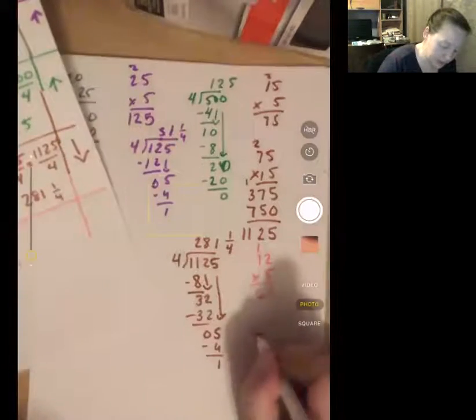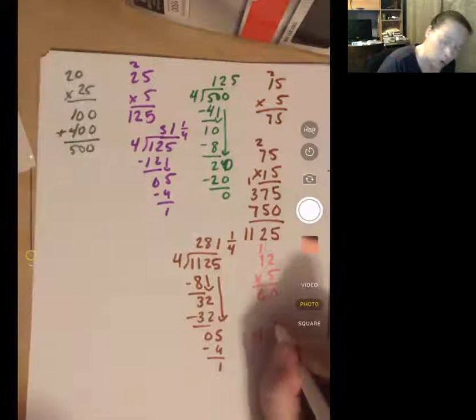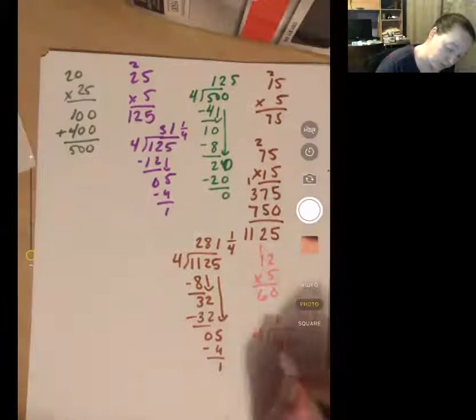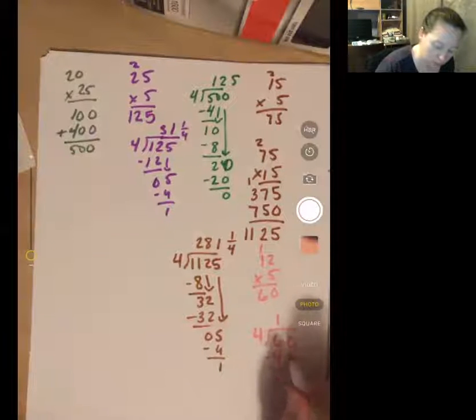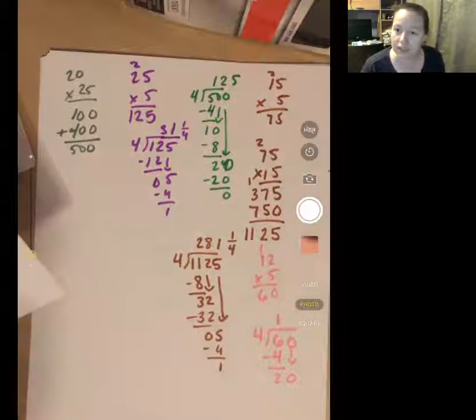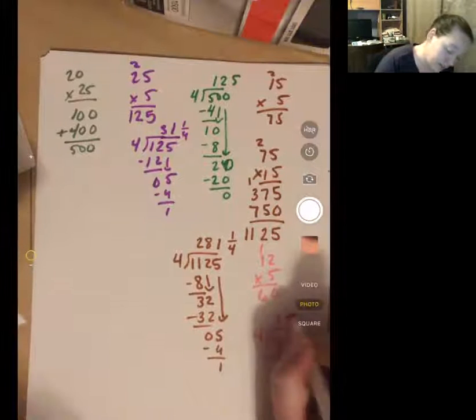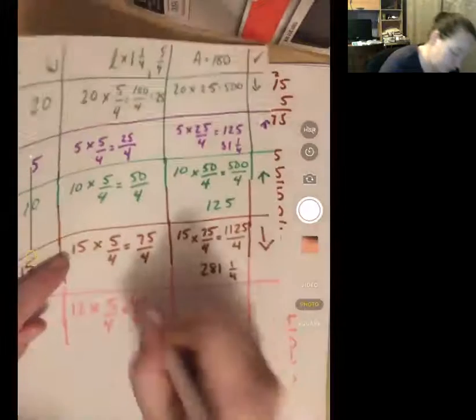And then 4 goes into 60 how many times? 4 goes into 6 one time. 1 times 4 is 4. 6 minus 4 is 2. Bring down the 0. That's a 20. 4 goes into 20 5 times. 5 times 4 is 20. Okay, so that is a 15.